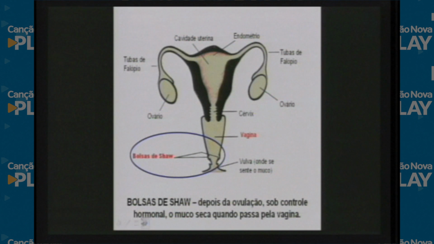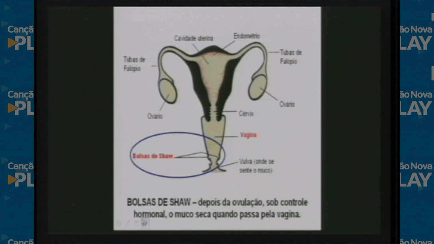So now, any discharge that leaves the vagina passes through the pockets of Shaw and all moisture is withdrawn.